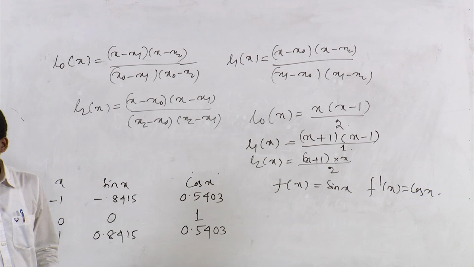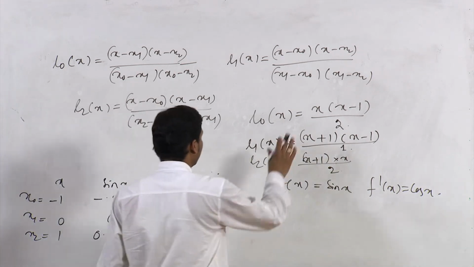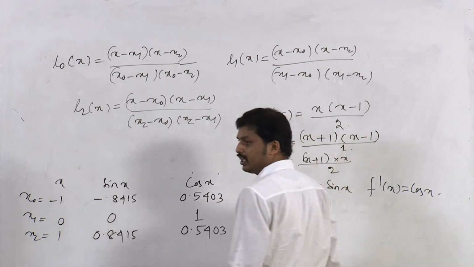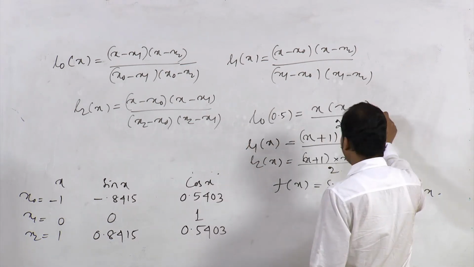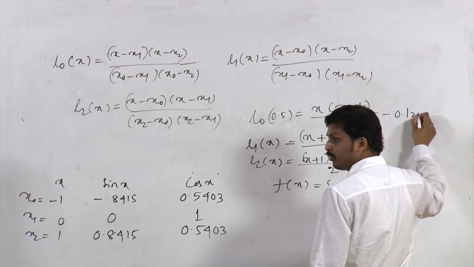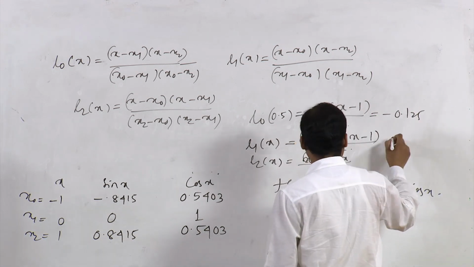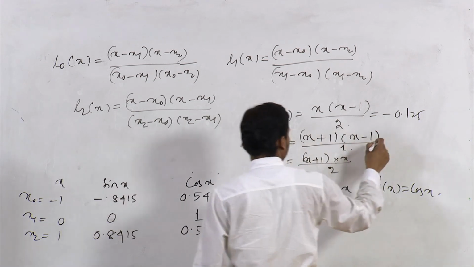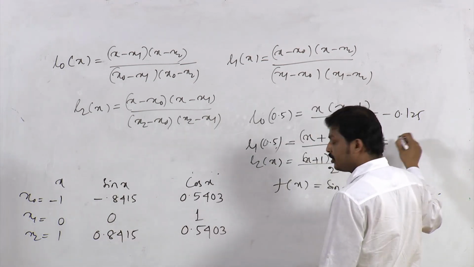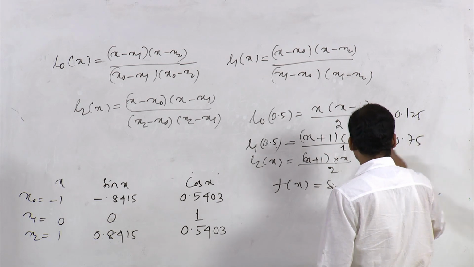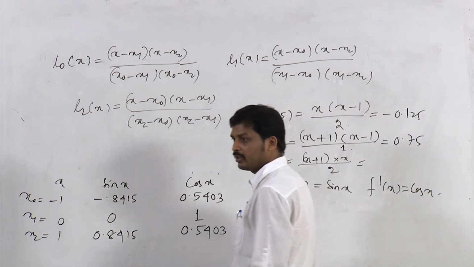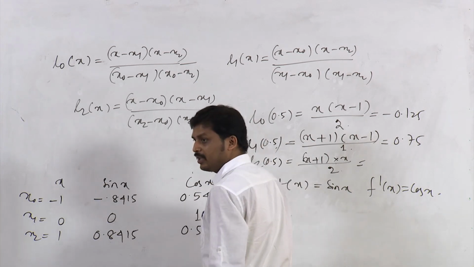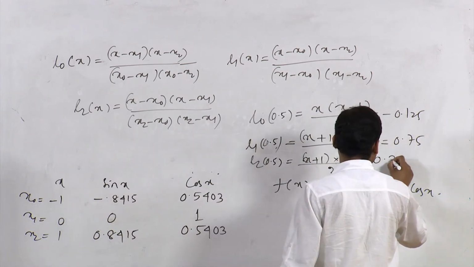Directly we can put in the values: L0 of 0.5 gives minus 0.125, and L2 of 0.5 gives 0.75. Putting 0.5 into the remaining one, we obtain 0.375.